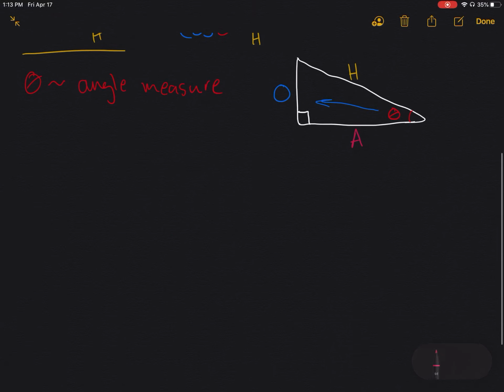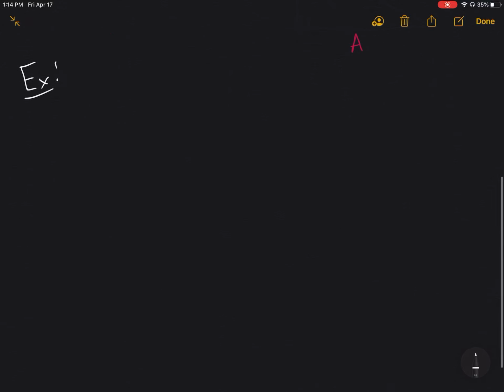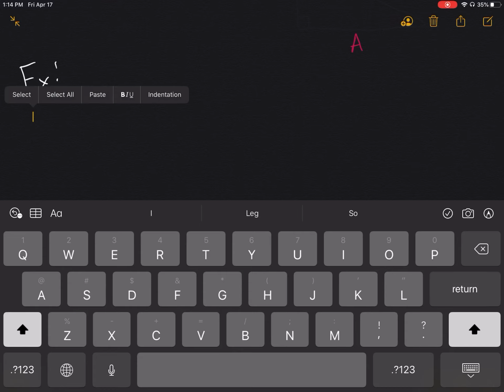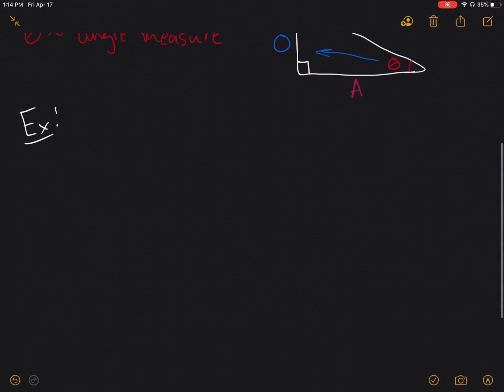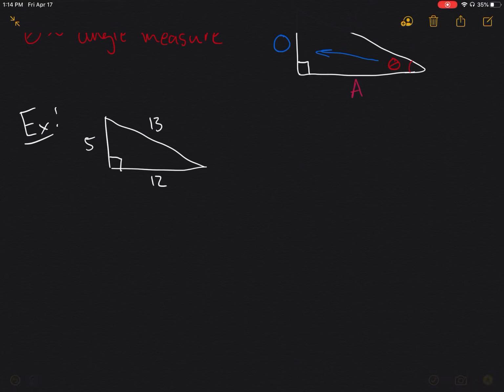Well, let's look first at an example. So I'm going to give us a triangle, oopsies, and that is going to be side lengths 5, 12, 13, and we will look at this angle right there.